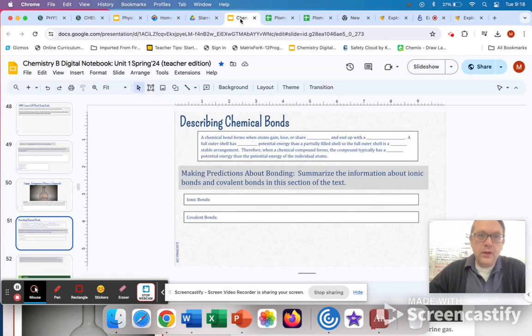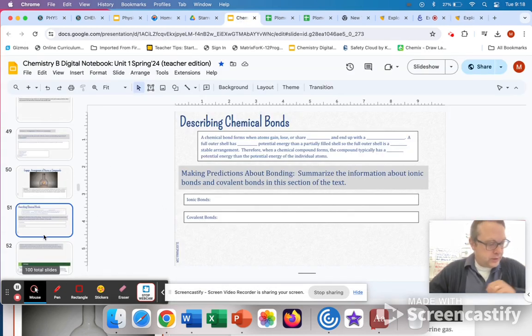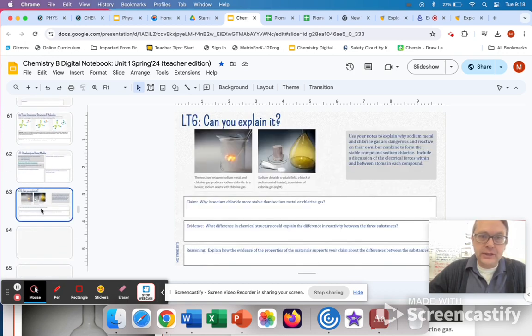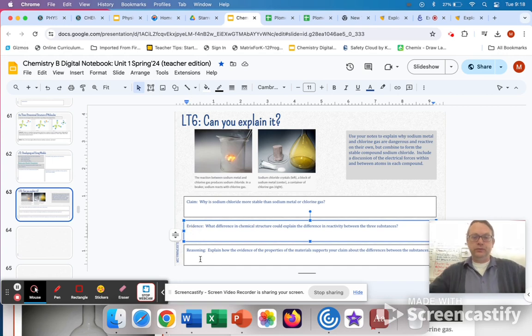So we can move into describing. Let's put that as one key piece of evidence that we got from our lab.